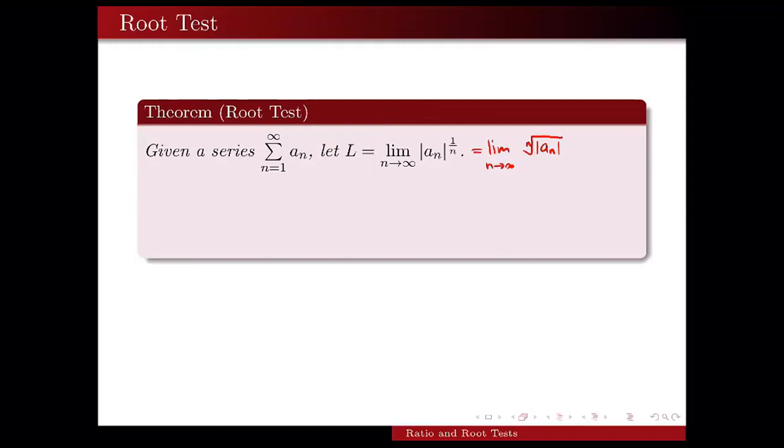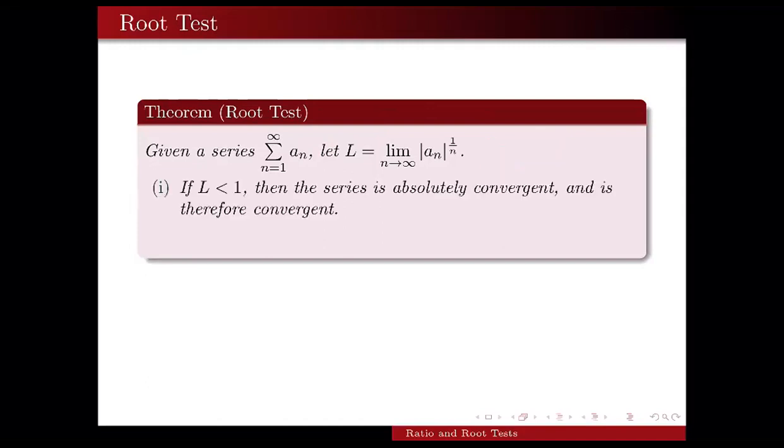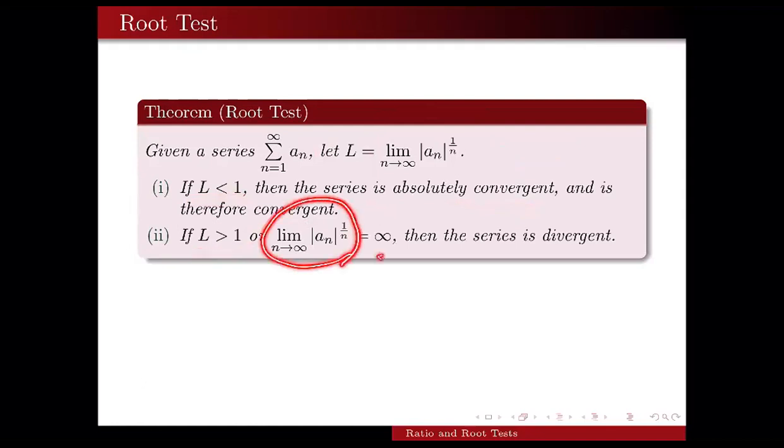Now, if L is less than 1, the series is absolutely convergent, and therefore convergent. If L is greater than 1, or the limit is plus infinity, then the series is divergent. So you see it's really similar to the ratio test.